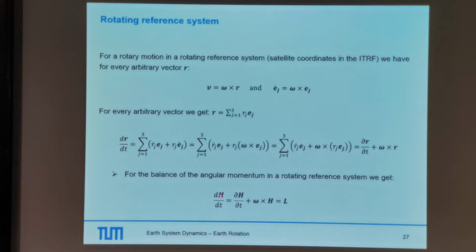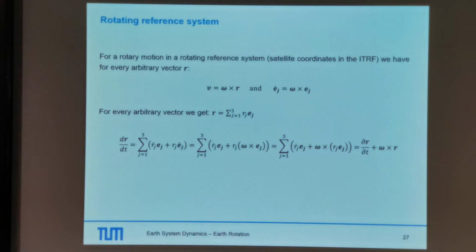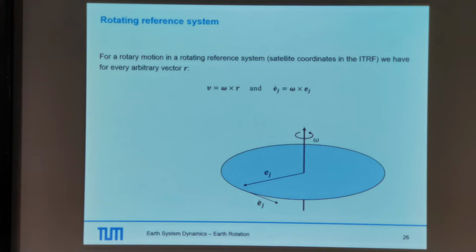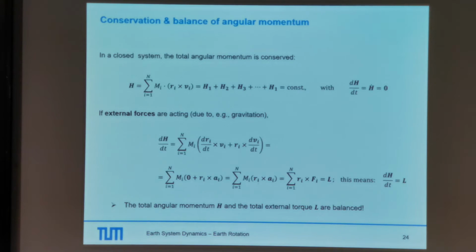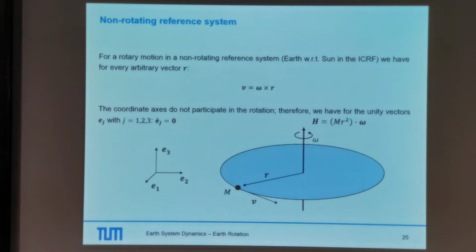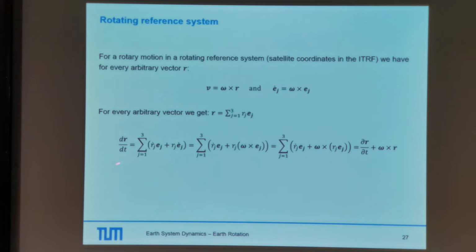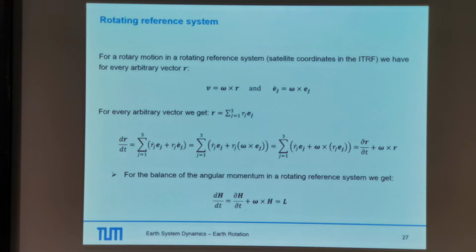So now we have again our dH after dt is equal to the partial derivative plus omega cross capital H is equal to N. So this is dH after dt equal to L. And now we have to account for this first part here, where we assumed that this is 0, but this isn't 0 now, which means that we have a quantity for this, which is equal to this, and this can be then inserted and lead to this equation. And this equation is then the next row.